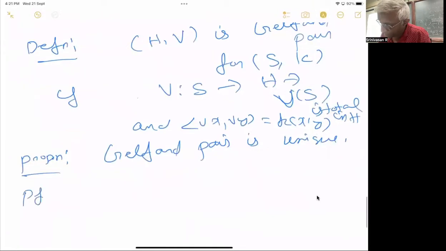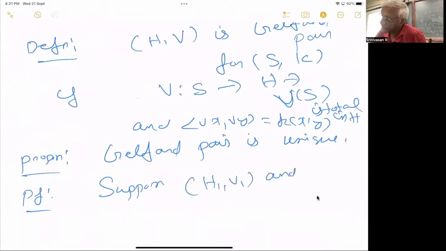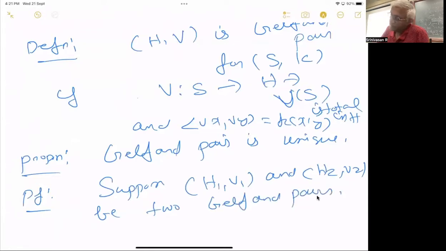Proof. Suppose H1, V1 and H2, V2 are Gelfand pairs. What do I mean by uniqueness?